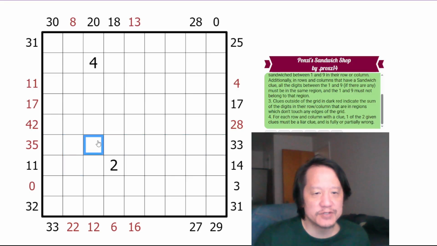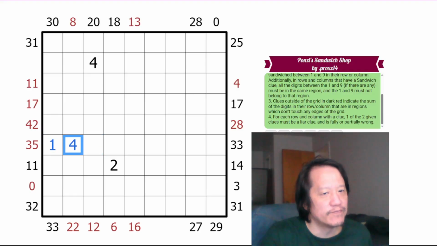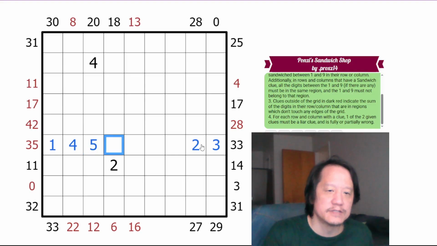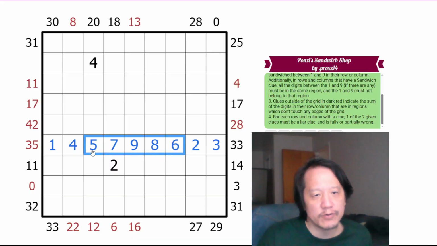So that's obviously a little tricky, but technically we could have something like 1, 4, 2, 3, and then 5, 6, 7, 8, 9 here. And as long as these don't belong to a region that touches the edge of the grid, that would be fine.